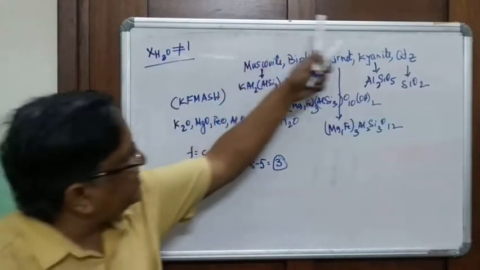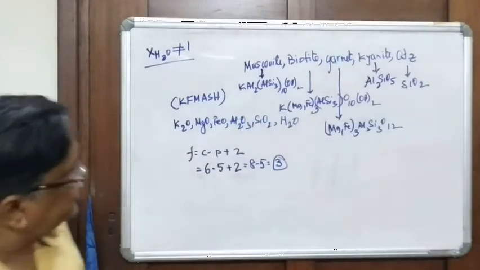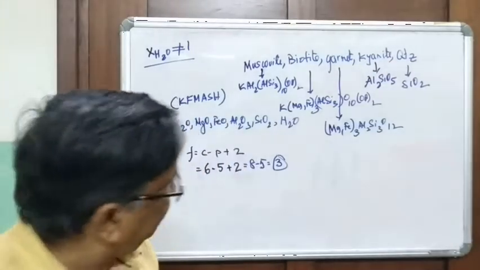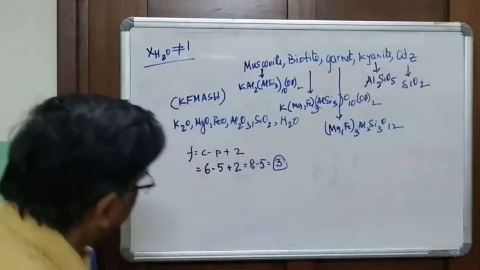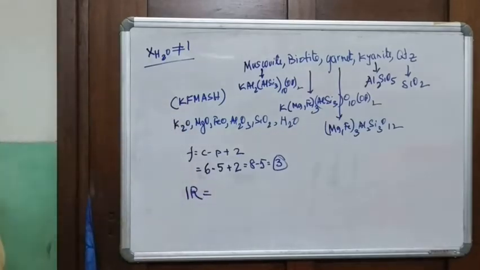That means in this assemblage, if you take what it is without a fluid phase present, this is what it is. Now we come to the question of independent reactions, IR. What is IR?